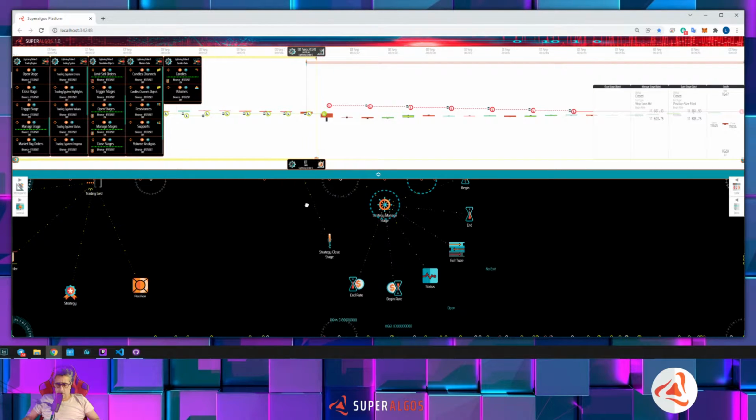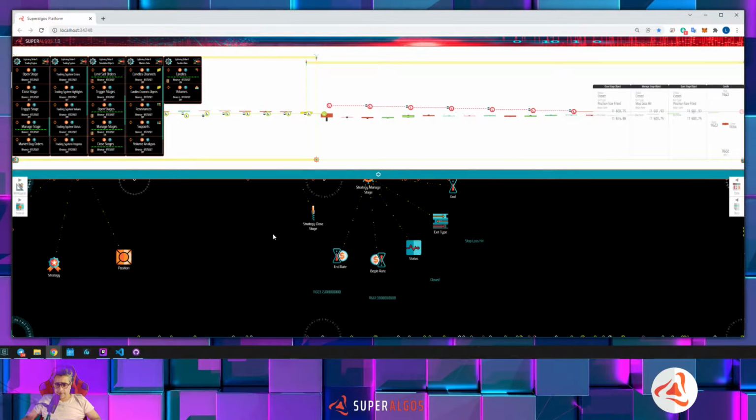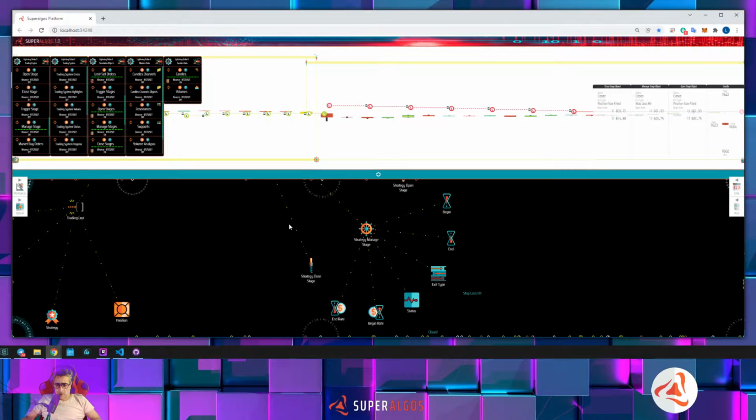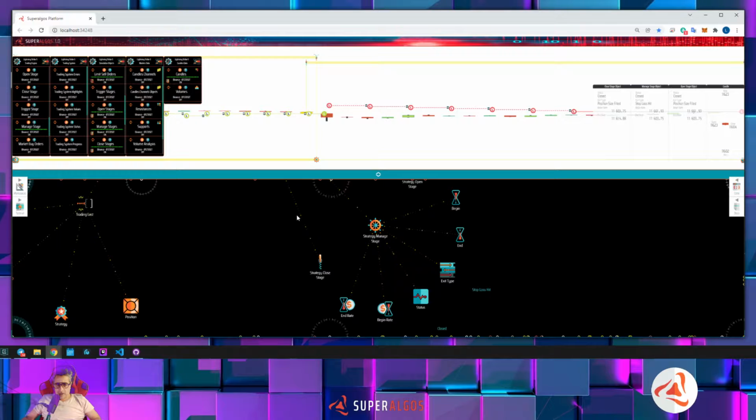So I want to know the exit, stop loss hit. You see it here, stop loss hit. So that means that in this case, the stop loss was the reason why this stage closed.